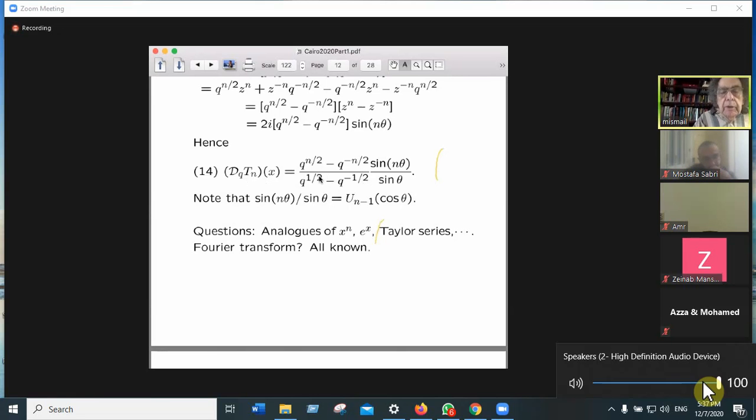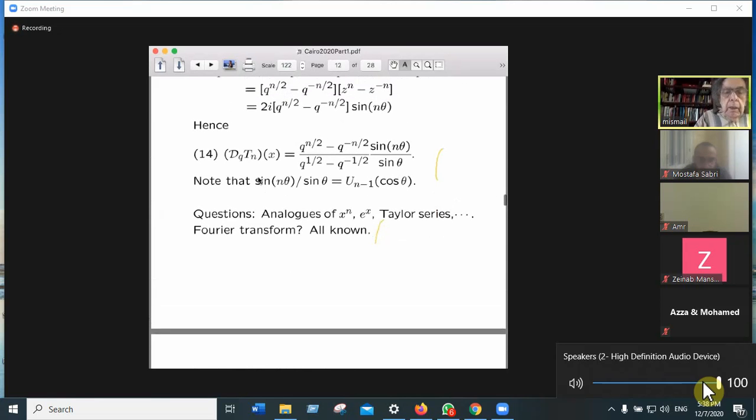Okay, so now the point is that this operator is like differentiation. It's linear. It maps a polynomial of degree n to a polynomial of degree n minus 1. And I know how to work with it with the Tn.